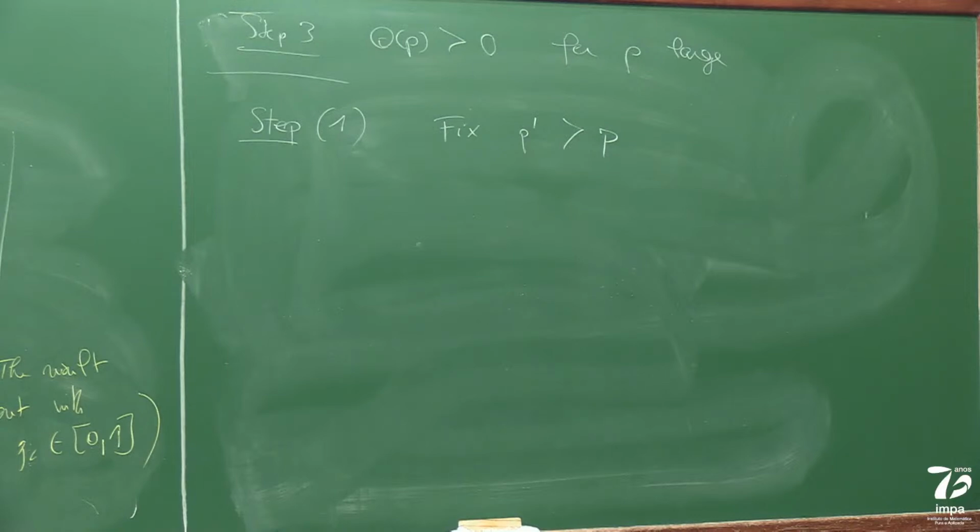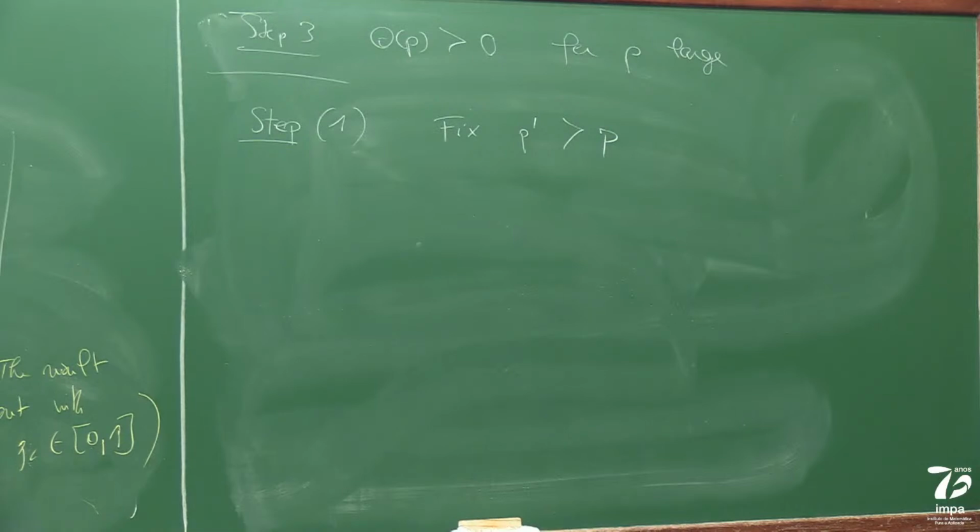So what we are going to do is to construct, well, a percolation environment with parameter p and parameter p prime on the same probability space in such a way that one is larger than the other.